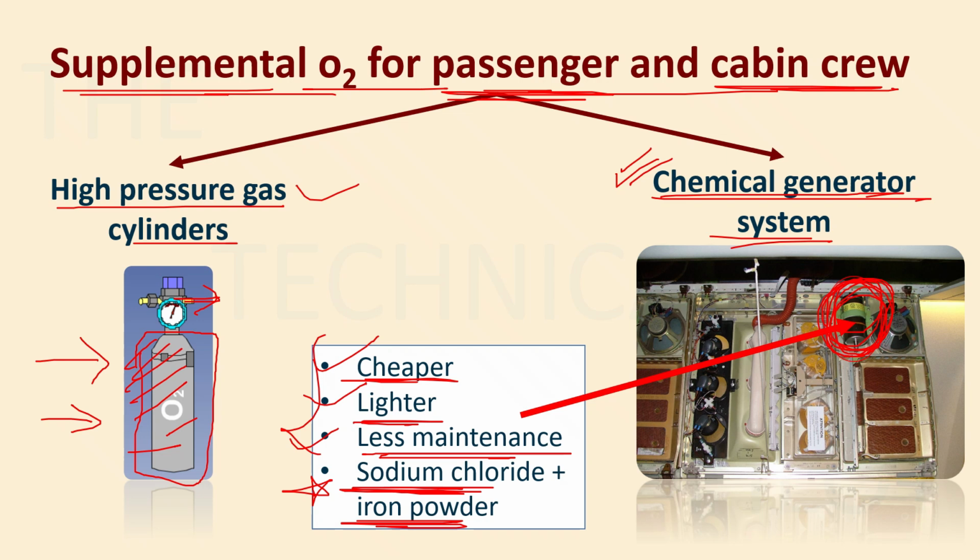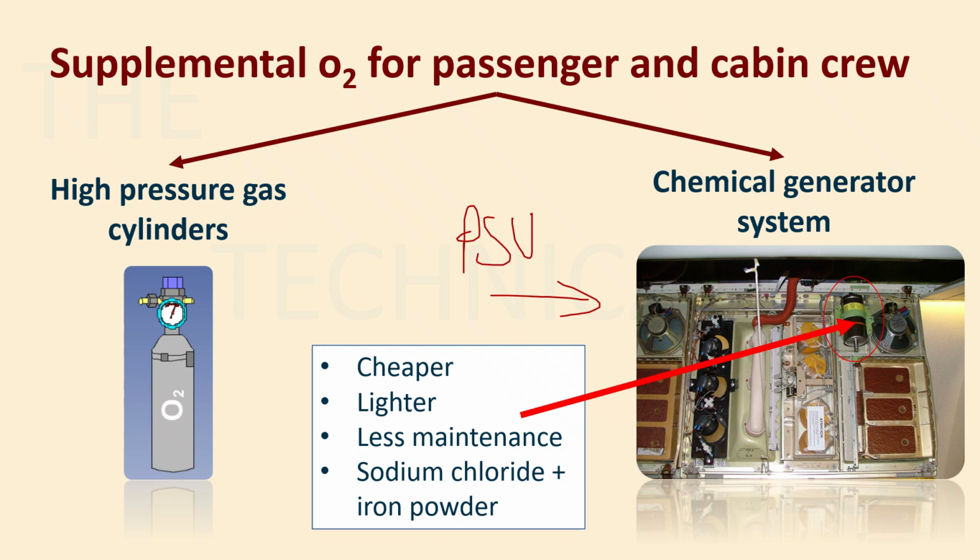The panel that you're seeing over here is actually your passenger service unit, and it is literally the panel that is over your head when you sit in an aircraft as a passenger. These are your speakers on which you hear the announcements. These are your light switches, and these are your air conditioning knobs that you rotate around.